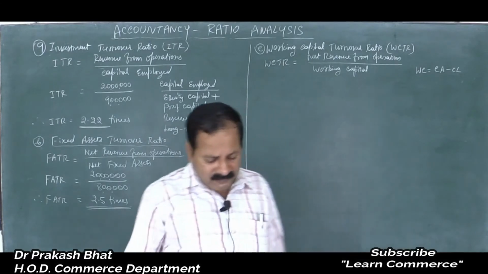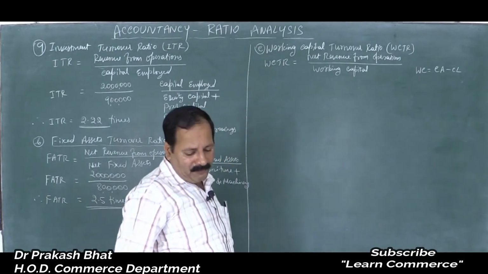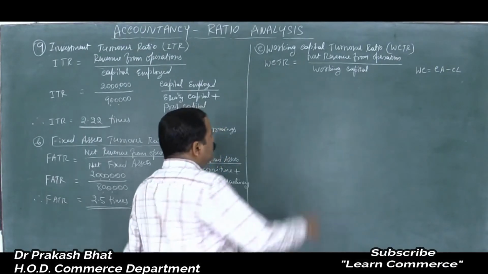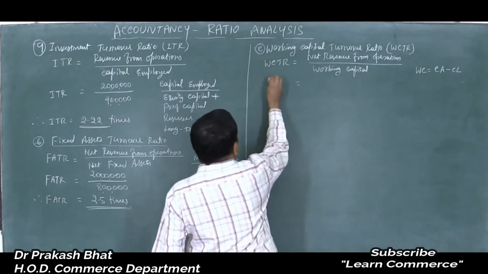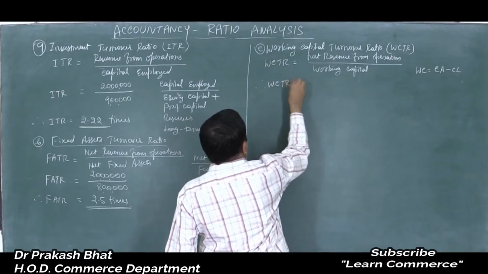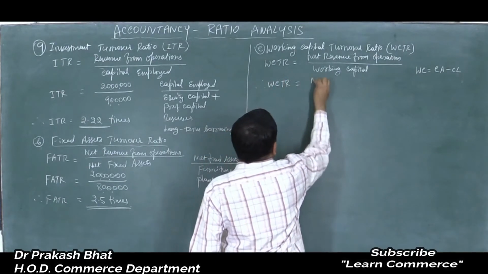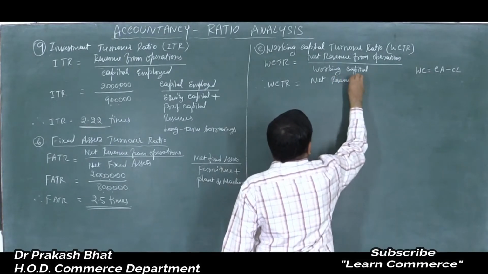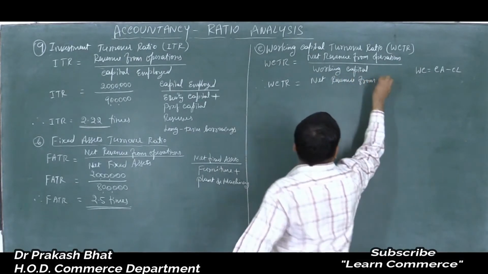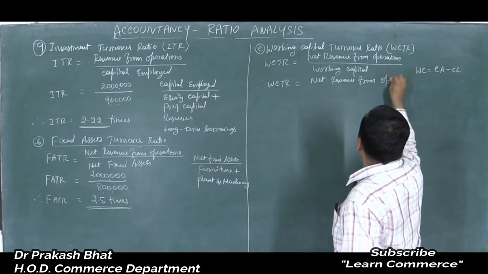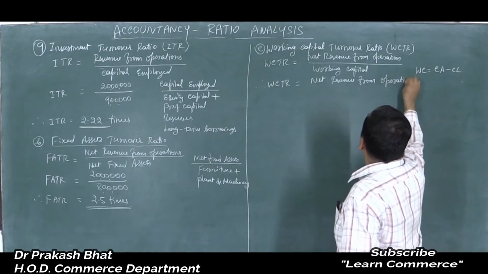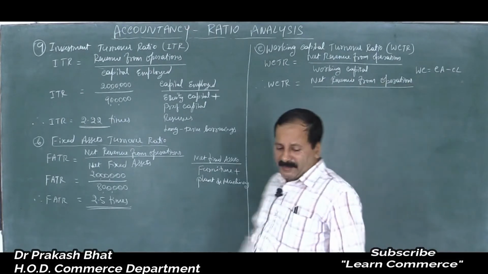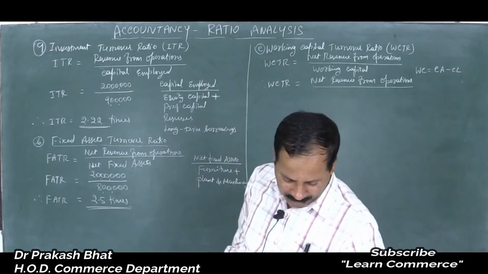Now substitute the figures. You know the net revenue from operations, how much is it? 20 lakh. Therefore, working capital turnover ratio is equal to net revenue from operations divided by working capital, that is current assets minus current liabilities.